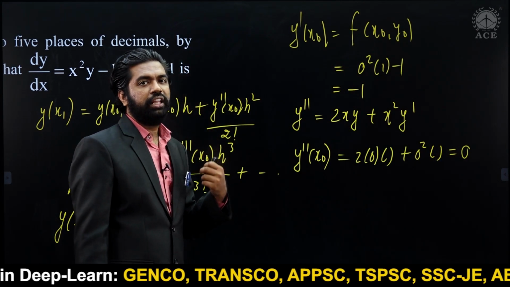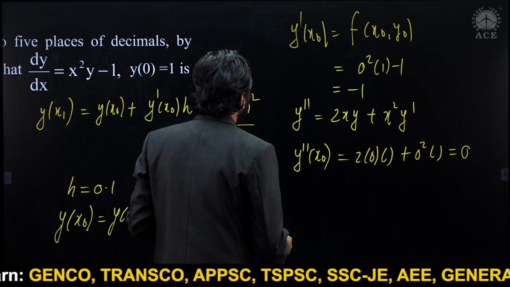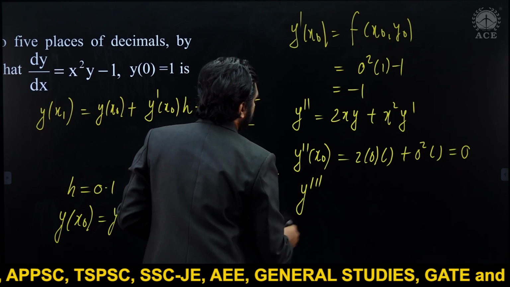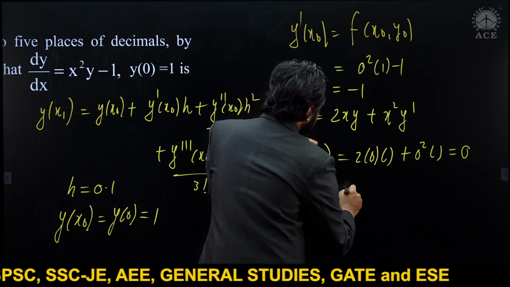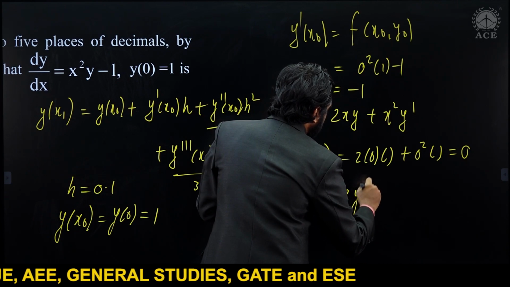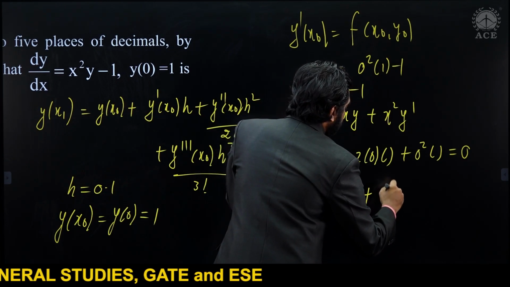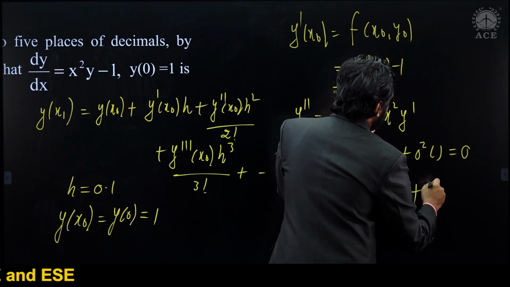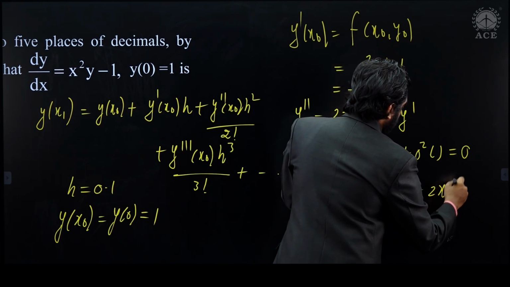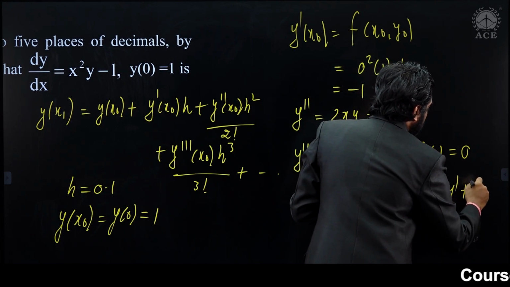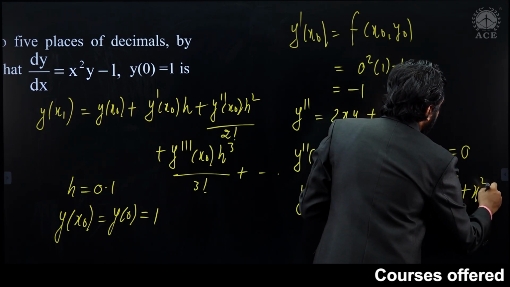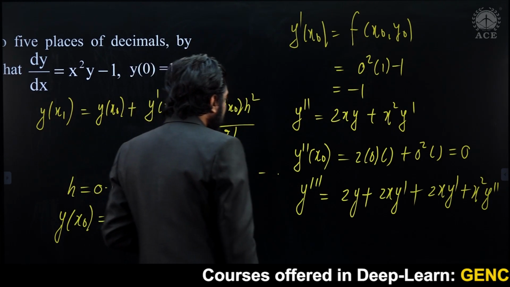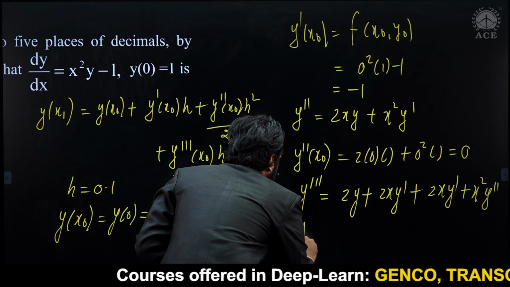Let's find the third derivative now, and see whether the third derivative will give me the answer or not. The third derivative is 2y plus 2x y dash, plus 2x y dash, and I'll keep x square as it is, x square into y double dash. Let's substitute x naught into this.